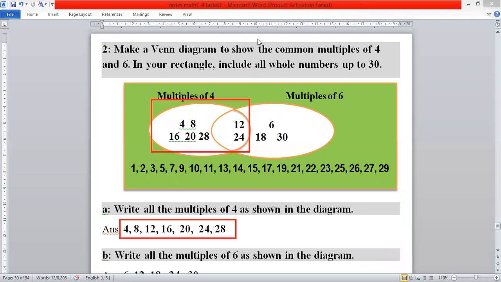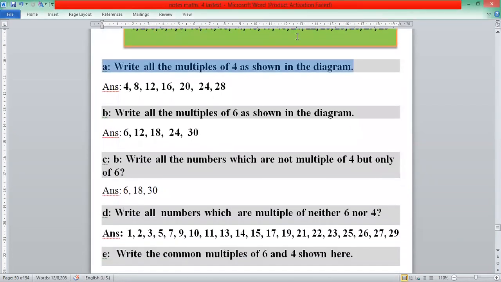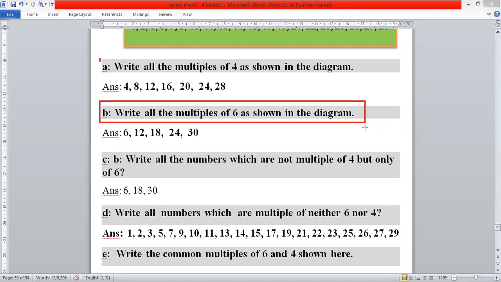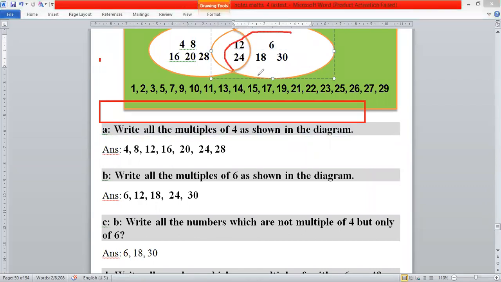Similarly, next question is: write all multiples of 6 as shown in the figure. So these are the multiples of 6. We will write here all possible multiples of 6.